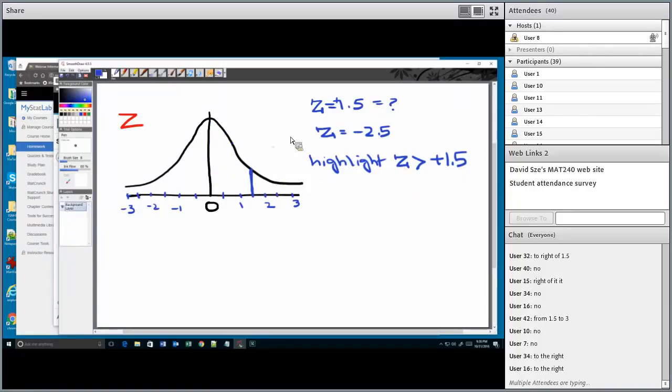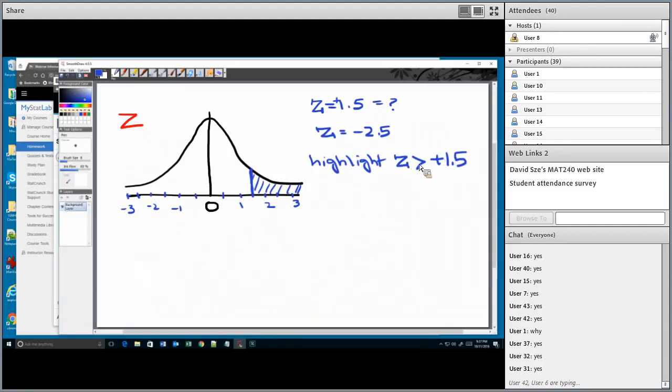No. Very good. Would you highlight this area? Yes, that's the area. That's because I'm asking to highlight the area that has values of z greater than plus 1.5.